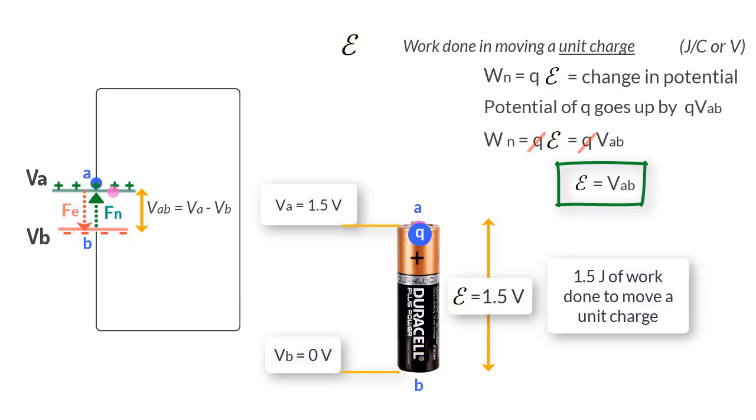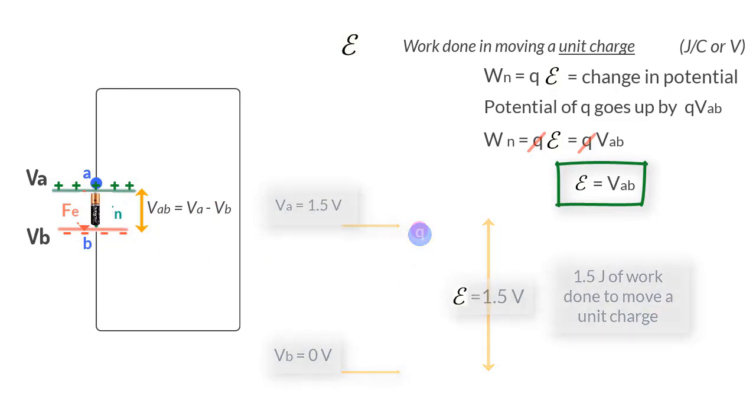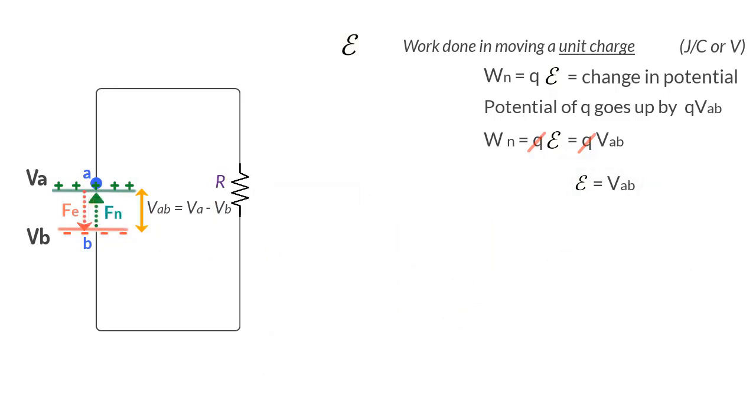Now, let us put this battery in an actual circuit where there is a resistance R. We know that the potential difference between the terminals A and B will create an electric field in the wire that will make current flow from A to B. Let us say the value of this current is I, then the potential difference between the ends of the resistor can be given as VAB is equal to IR.